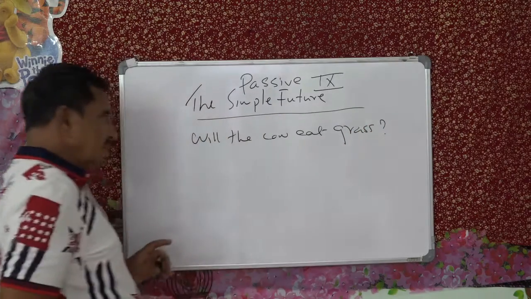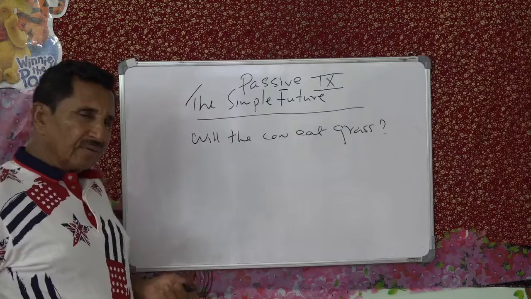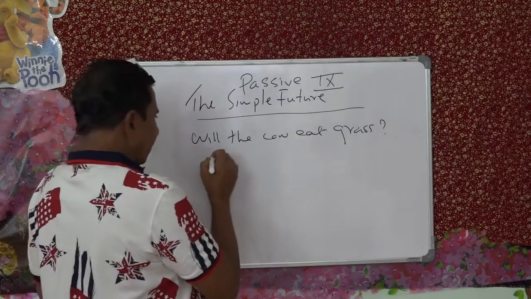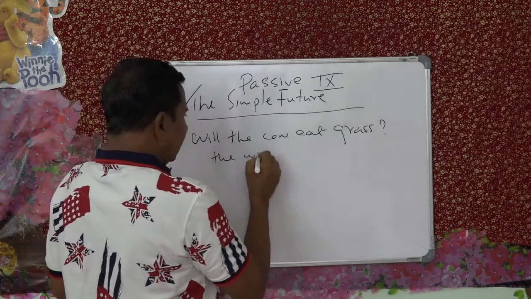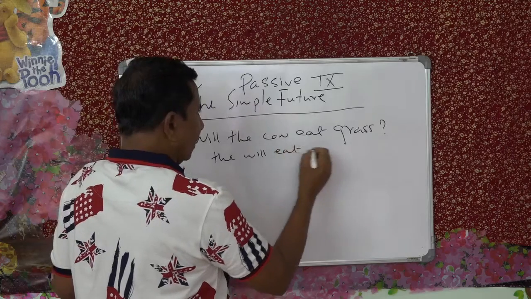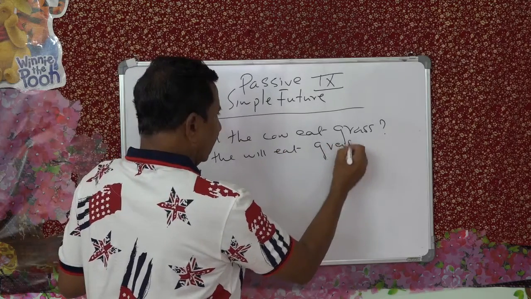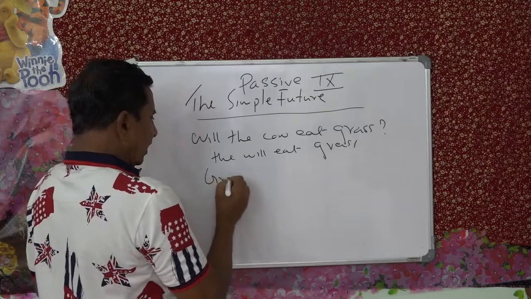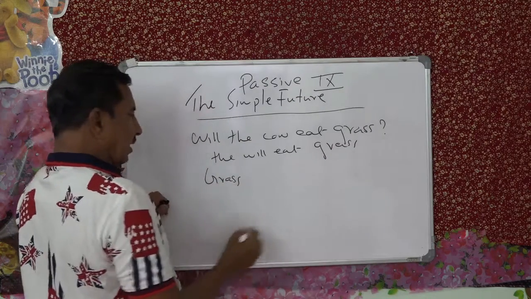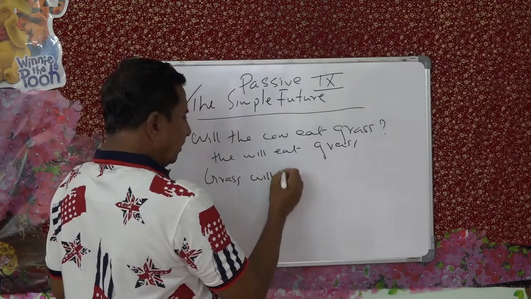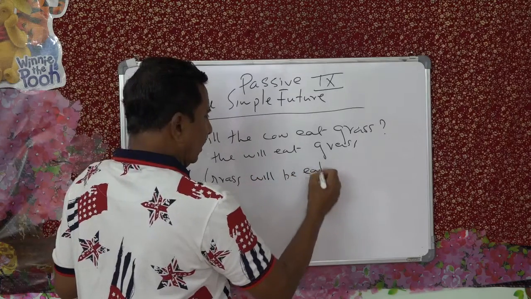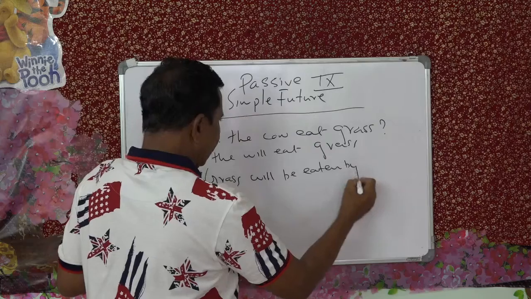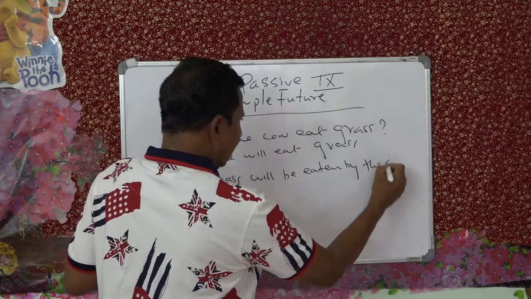Whenever you are in doubt, make it a statement. The cow will eat grass. Now change the subject: grass will be eaten by the cow.